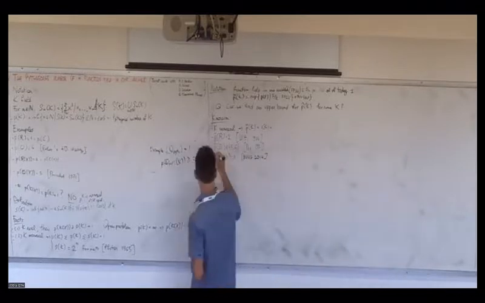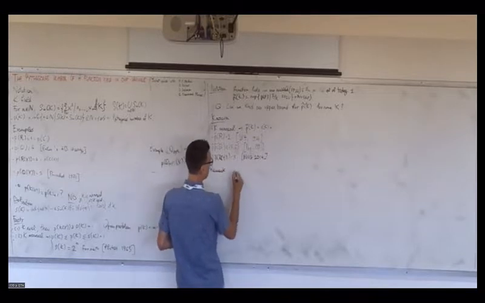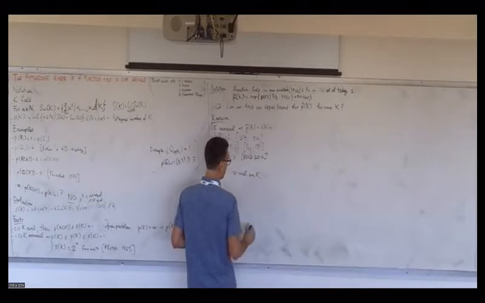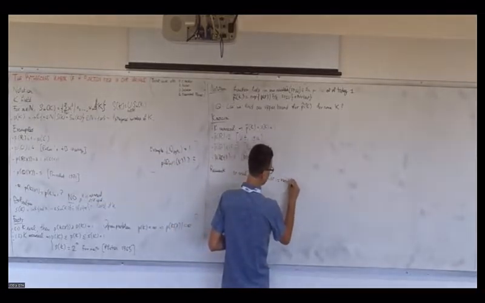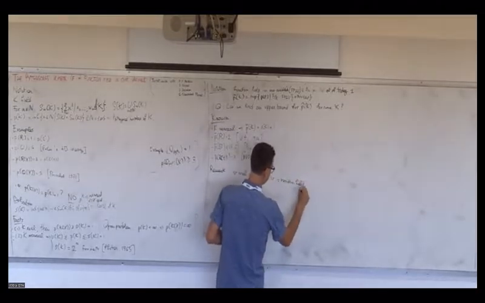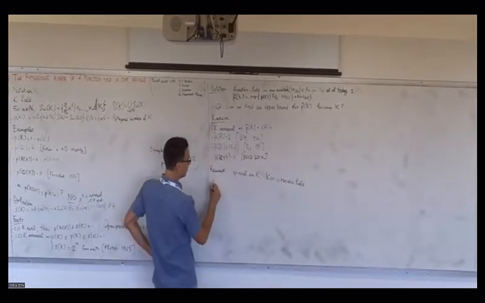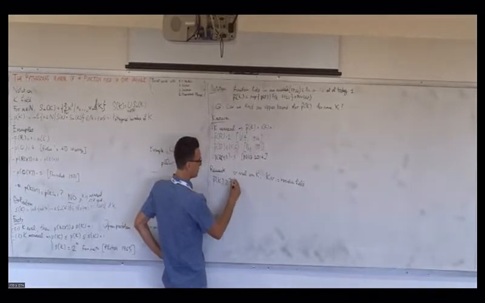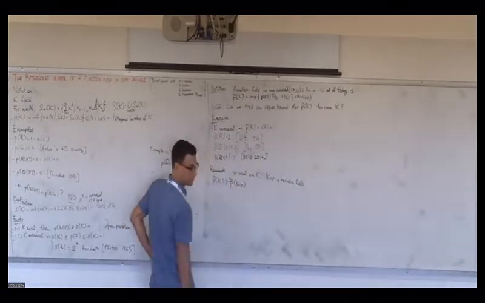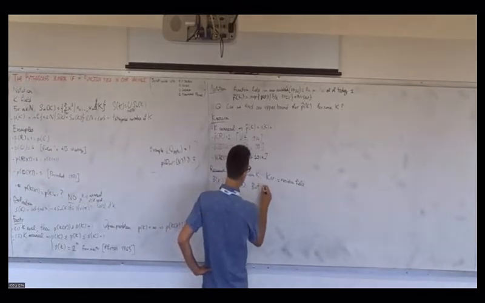So let me make it more specific. I will fix a valuation v on K, and I will denote by kappa v its residue field. It's not too difficult to show that P tilde of K is bigger or equal than P tilde of the residue field, but equality doesn't hold.